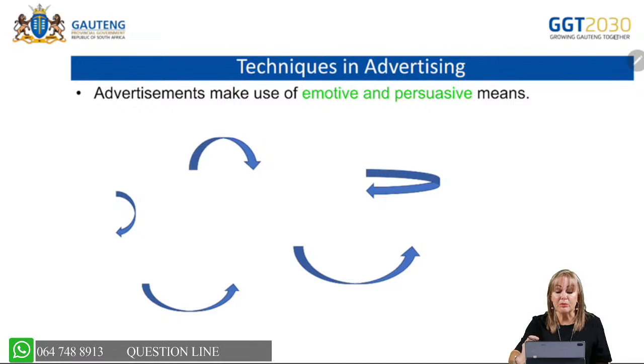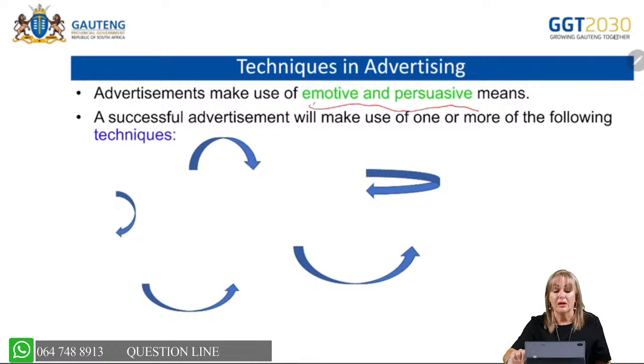Now, there are different techniques that they use when they design advertisements. And most importantly, they use emotive and persuasive means. Emotive refers to your heart, not your intellect, your heart. And persuasive is convincing you to do something. A successful advertisement will use one of the following techniques.